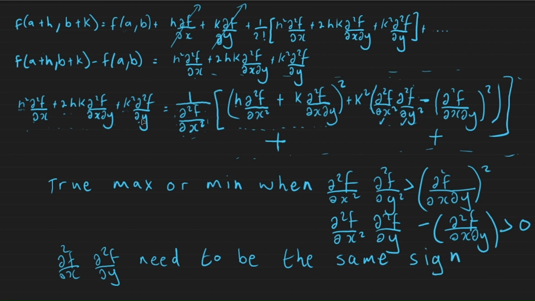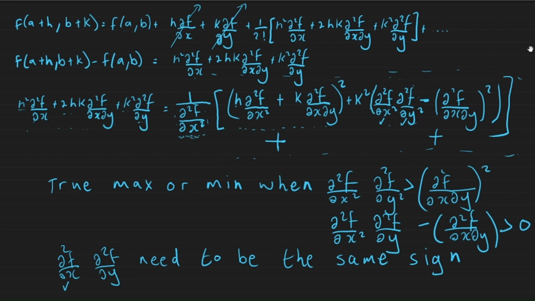And lastly, for it to be a maximum or a minimum, it depends on the sign of the second derivative with respect to x. Remember that the second derivative with respect to x actually determines the sign of the whole expression.